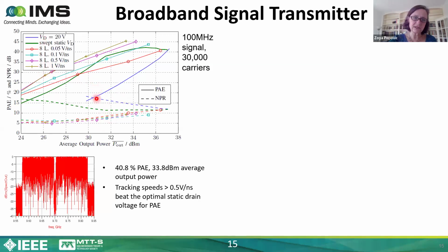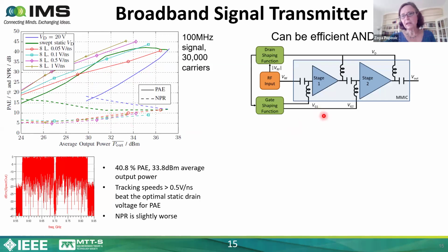What I want to point out here is that the blue curve is if you keep the supply constant, and then the efficiency just jumps up when you do something with the supply. And you can do different things and have trade-offs with linearity, which is shown at the bottom. So you actually sacrifice linearity. It's very bad. This is a very nonlinear mode of operation, but you can do things to it.